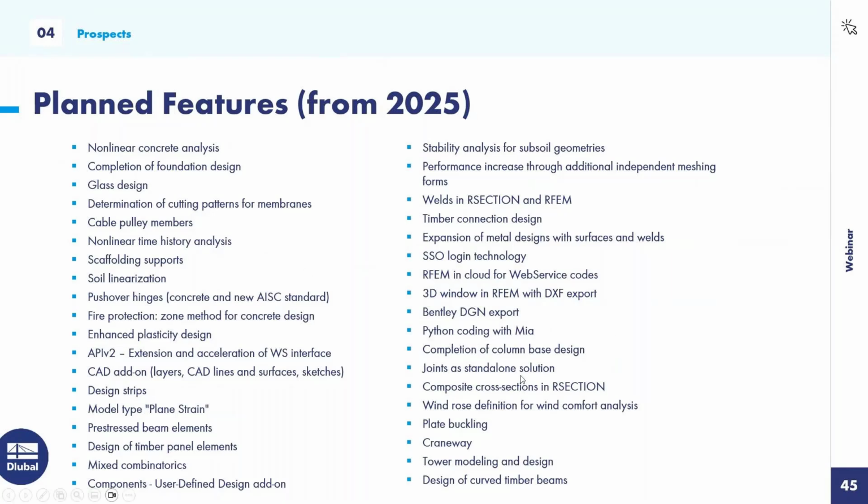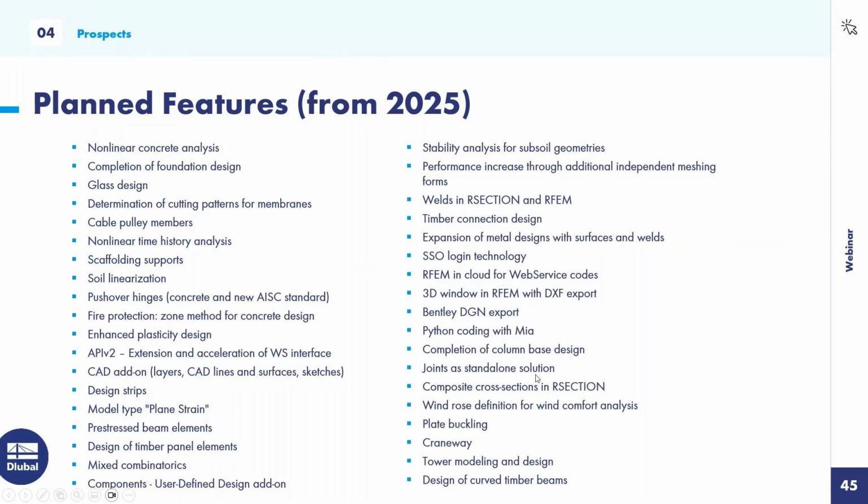Then the Bentley DGN export. It's a new interface. Python coding with Mia can create desired Python scripts. Then completion of column-based design. We will implement the design of shear connectors and concrete edge failure and so on.